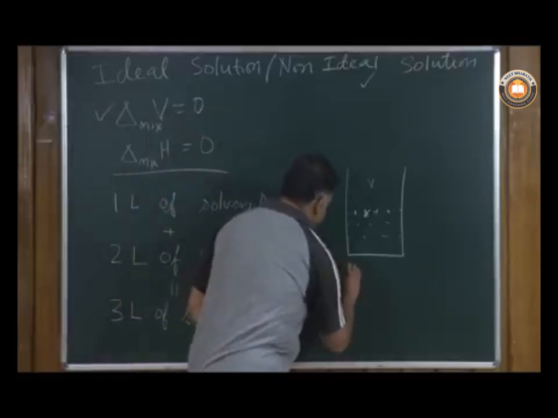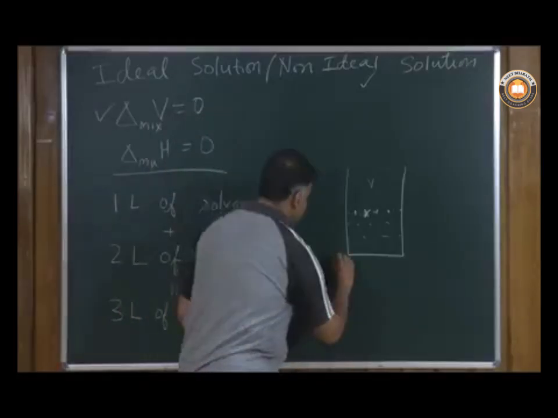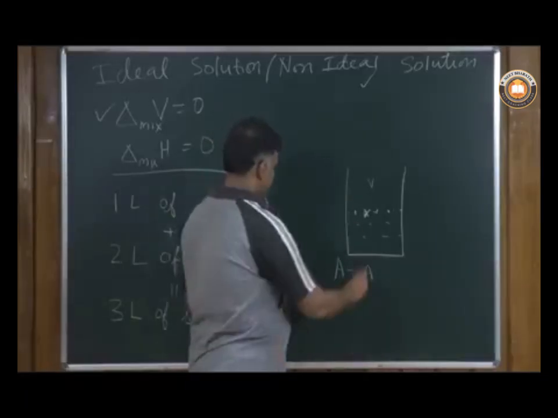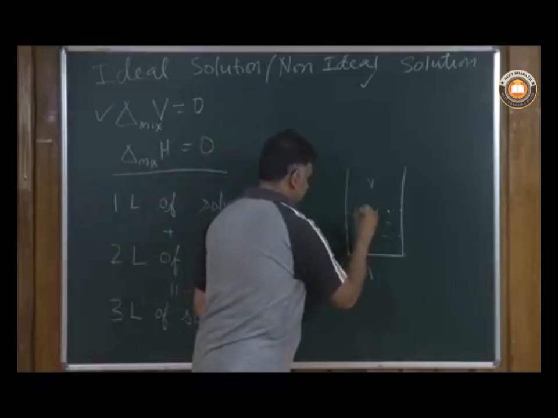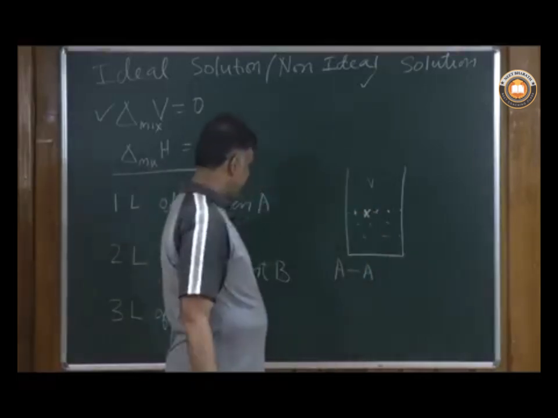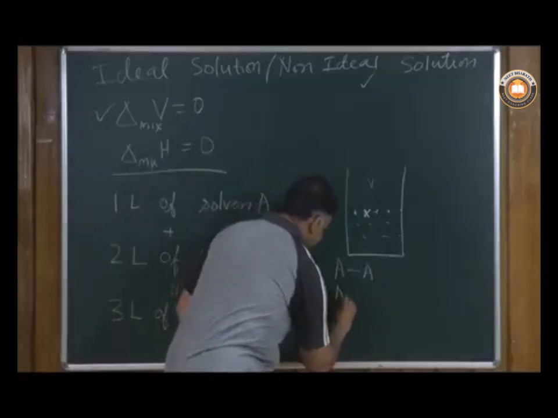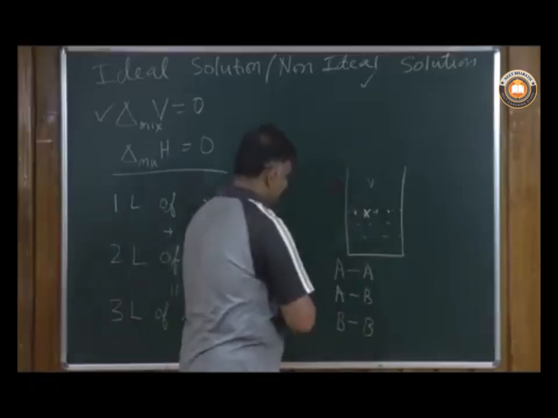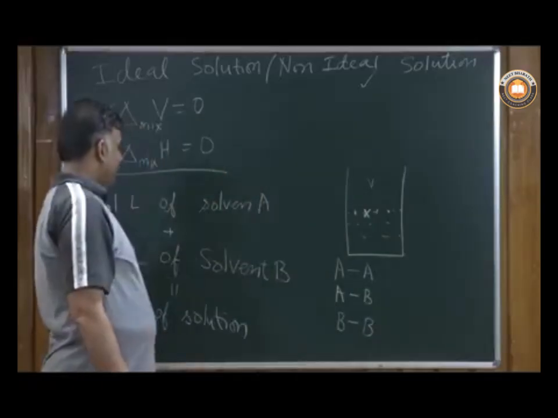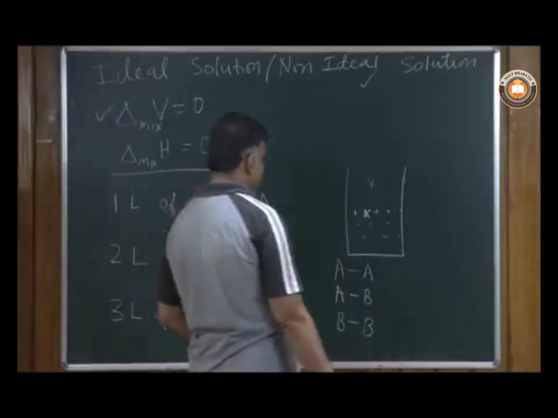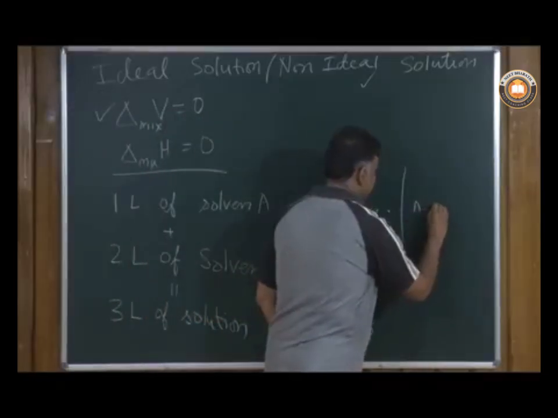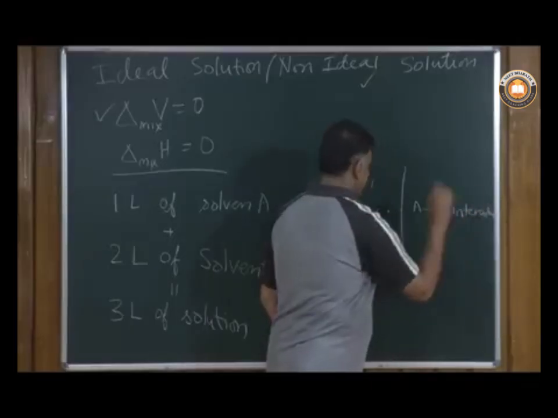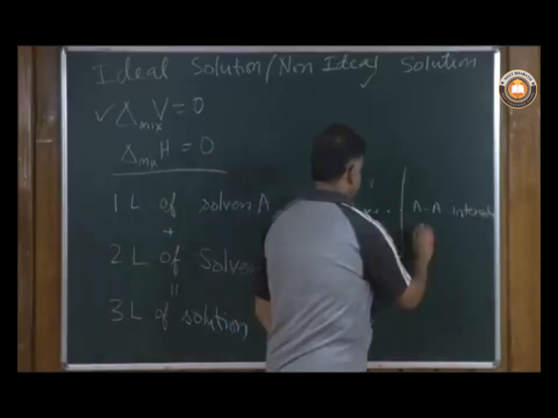Now, initially in the pure solvent A there was an interaction between A and A. Now, once another solvent or solute B is added, then we also have an interaction A and B, and they could have an interaction B and B depending upon the concentration. Now, this A and A interaction could be stronger than the A B interaction.